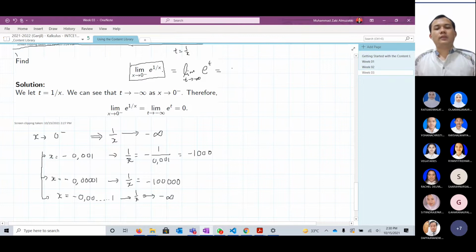In this case, we have 1 over e power minus infinity, which is around 0. Okay, any question? Is it clear?